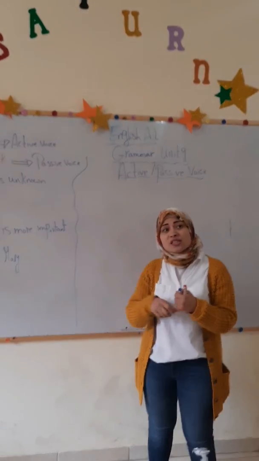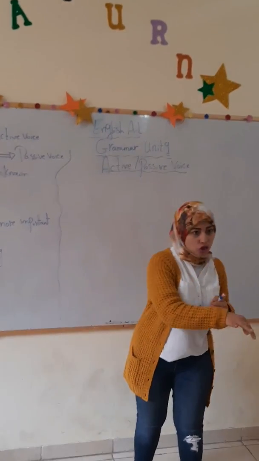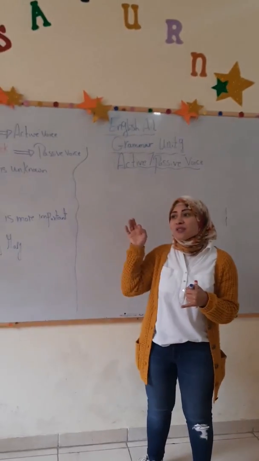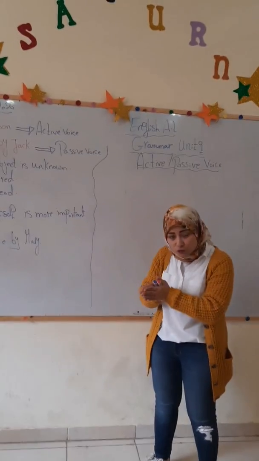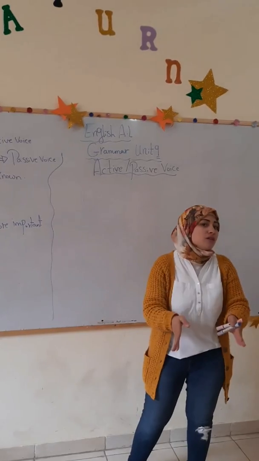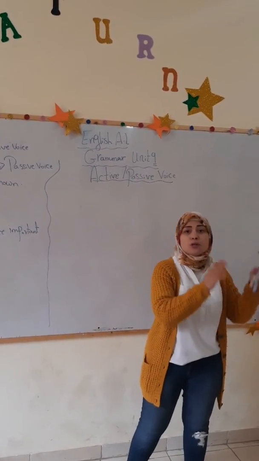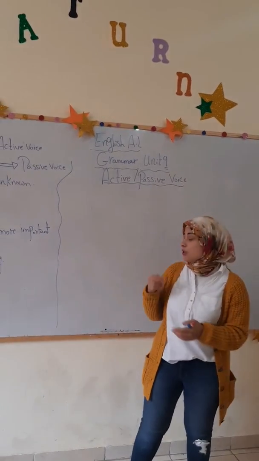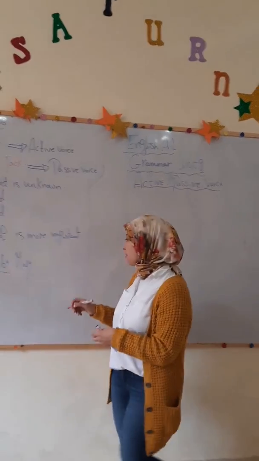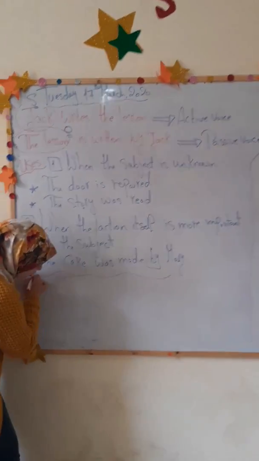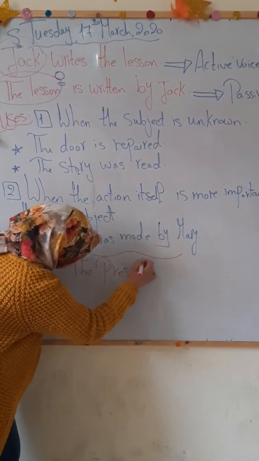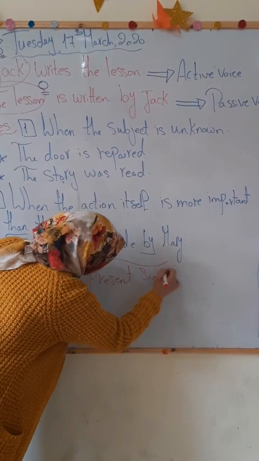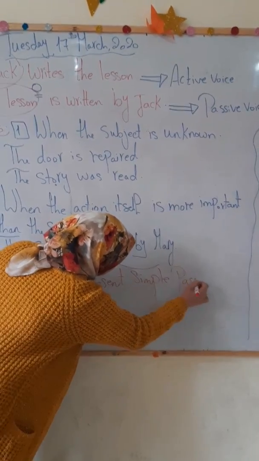We have passive voice in each tense in English. For example, if you have the sentence in the present simple, it has a certain form for the passive voice. If you have it in the present continuous, for example, or the past simple, past continuous, and so on. So let's start with the first tense we have here, the present simple passive.